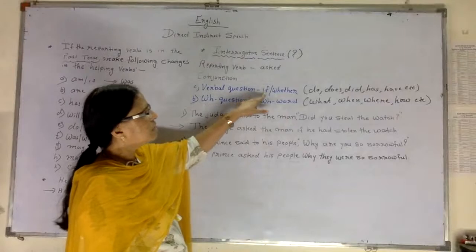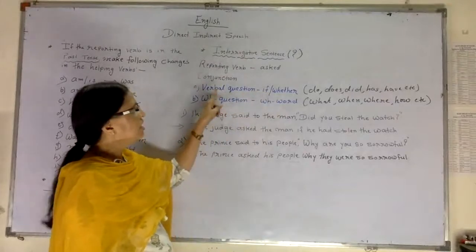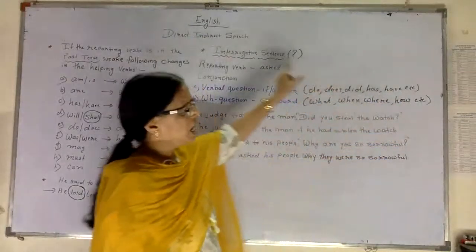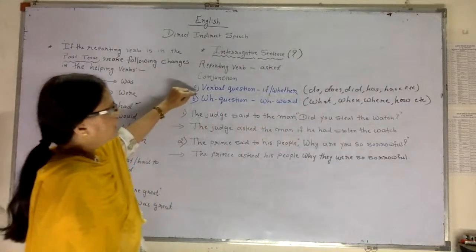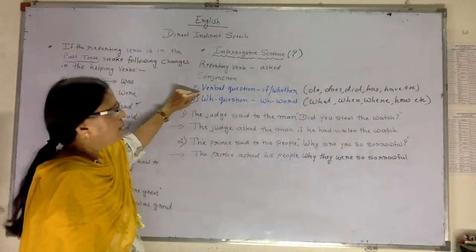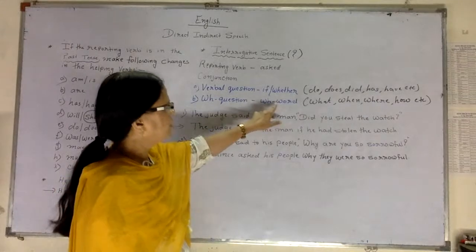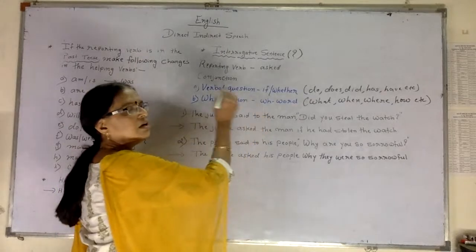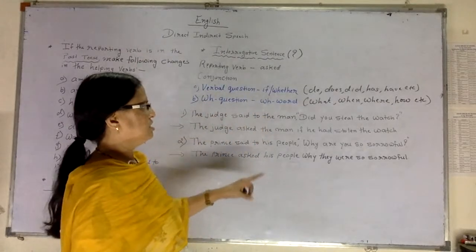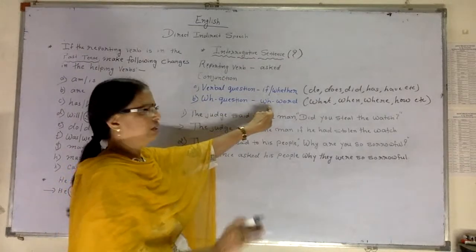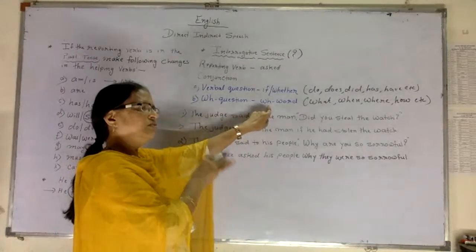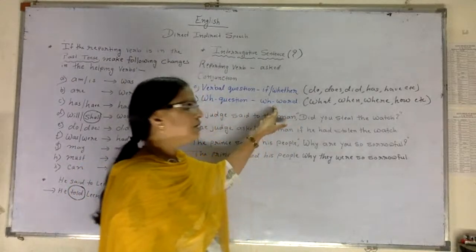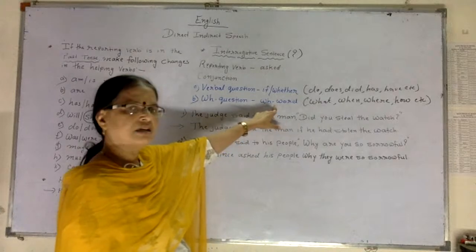If the question begins with a helping verb and the answer is yes/no type, use if or whether. The second type is the WH question. I told you it will begin with a WH word, and then you have to use the same WH word as the conjunction. If it begins with what, you will use the word what as the conjunction. If your question begins with which, you will use the word which as the conjunction.